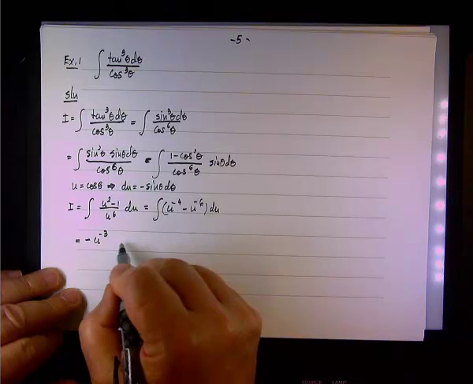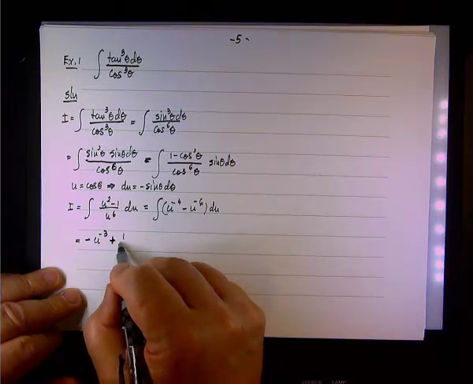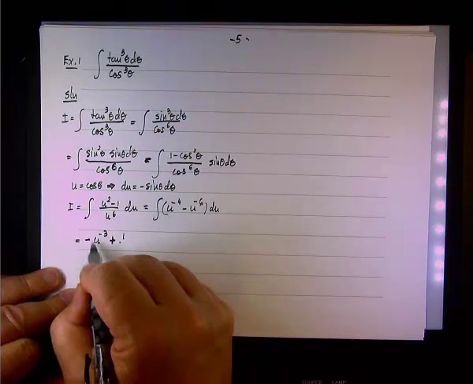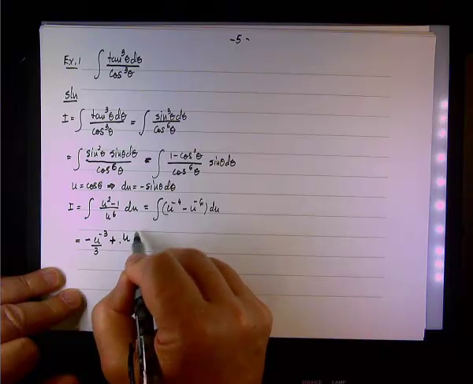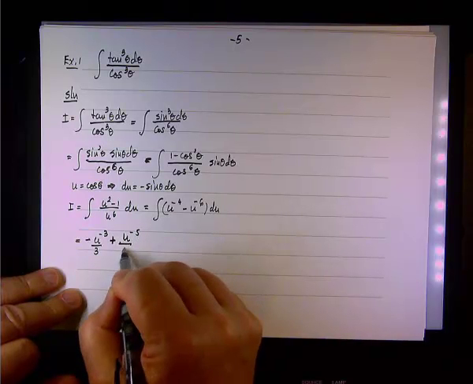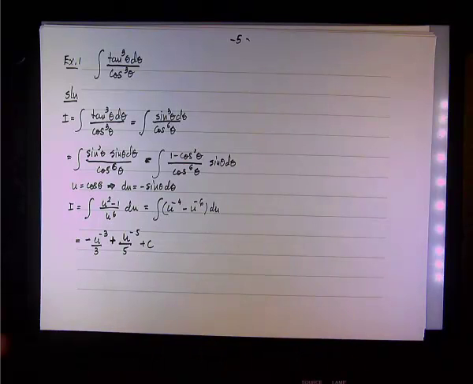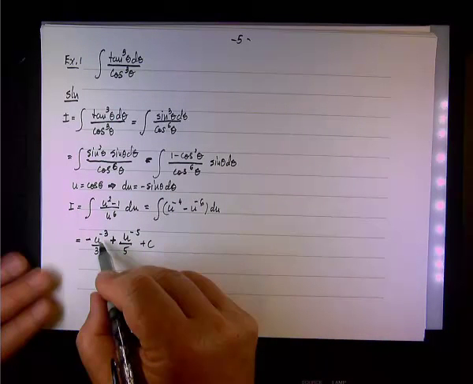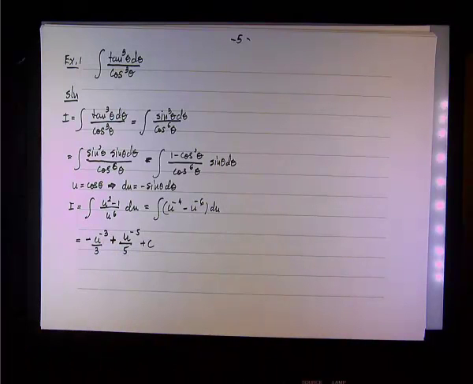Now this is easy. Break it down into u to the negative 4 minus u to the negative 6 du, and integrate. So it will be negative u to the negative 3 over 3, plus, because of the double negative, u to the negative 5 over 5, plus c.